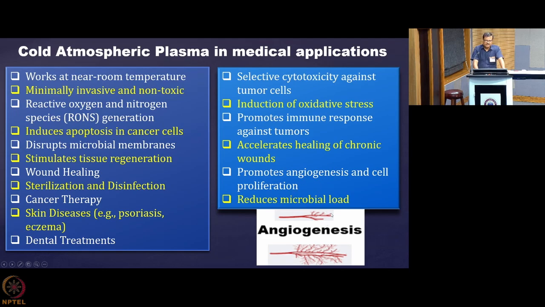So, here you are seeing one example through which new blood vessels are created, and in cell proliferation also some new cells get created in the process. So, because of the antimicrobial activity of this cold plasma jet, they can reduce the microbial load as well.